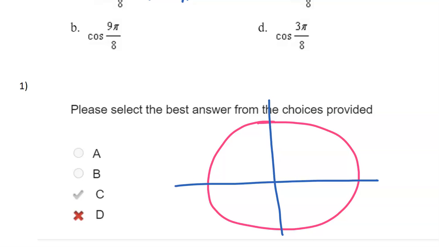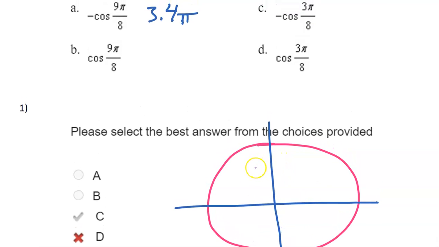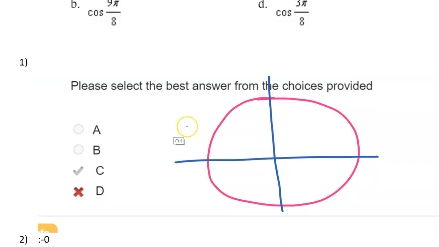We know that if we go from here to here, that is pi. If we go all the way around, that is 2 pi. So let's just sort of count our way around the circle a little bit. Remember, we're shooting for 3.4 pi. In fact, let me write this where I can see it. 3.4 pi.